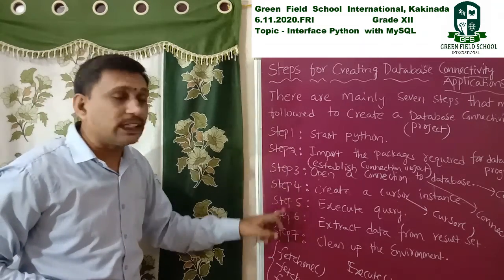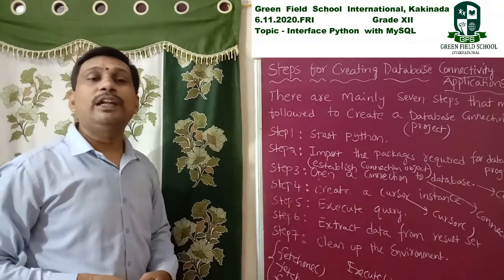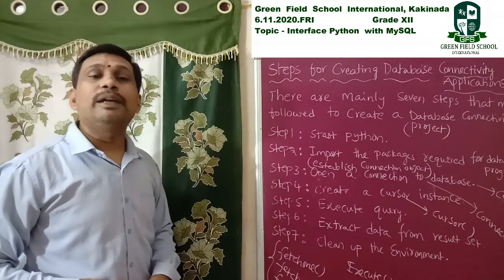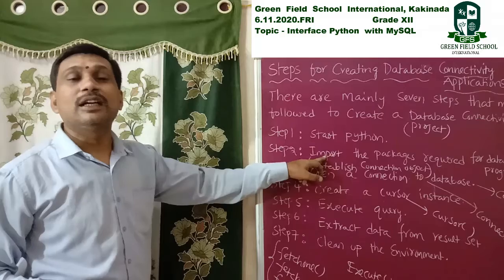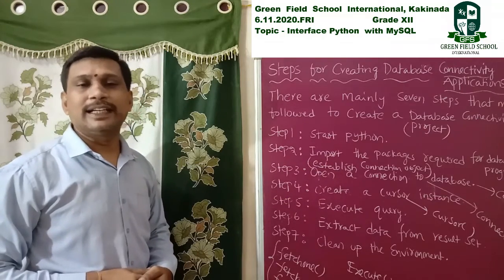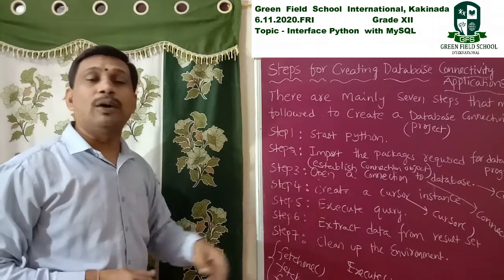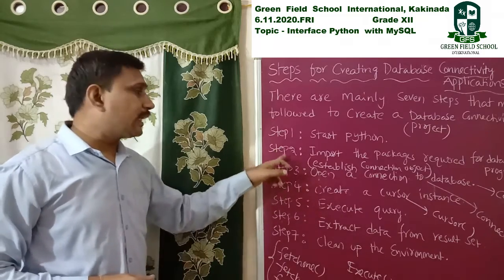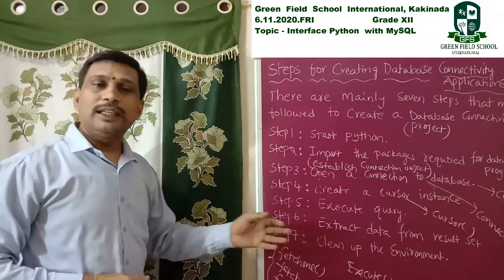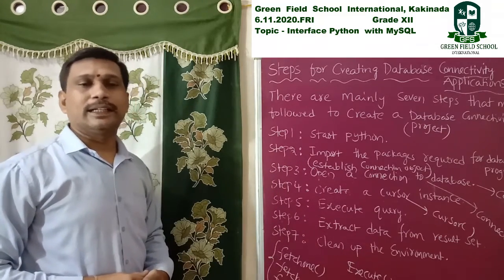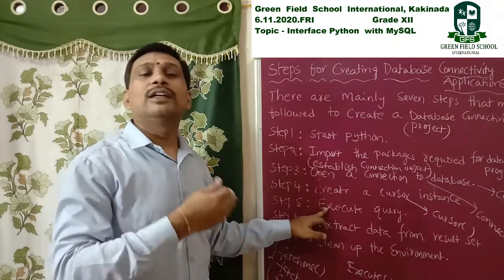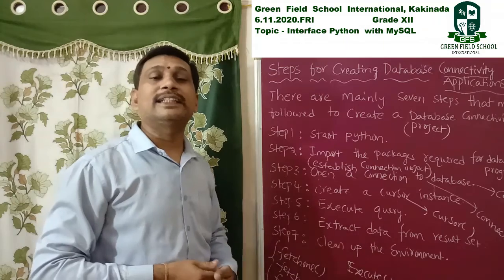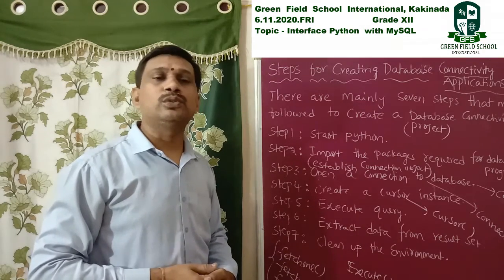In each and every step we use some predefined methods. All these methods are placed in the MySQL connector. That's why in the first step we import this MySQL connector. Next, the execute query executes our query. Suppose I write here select star from student.